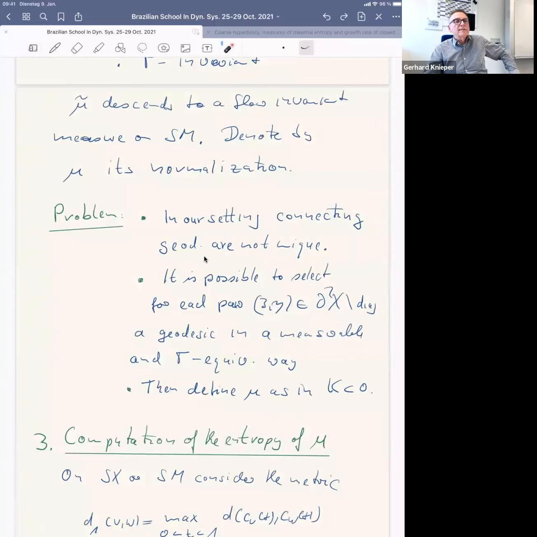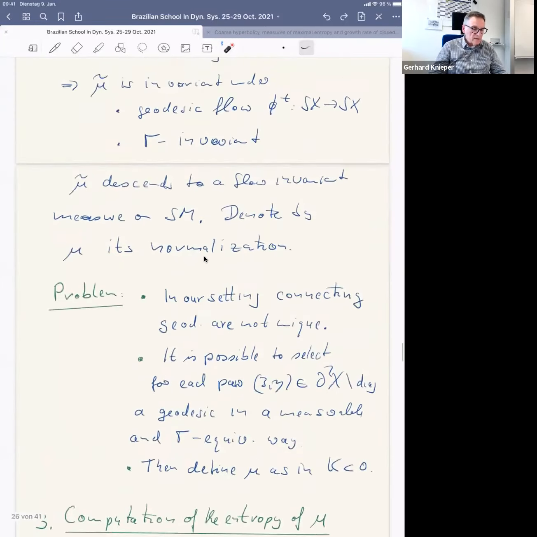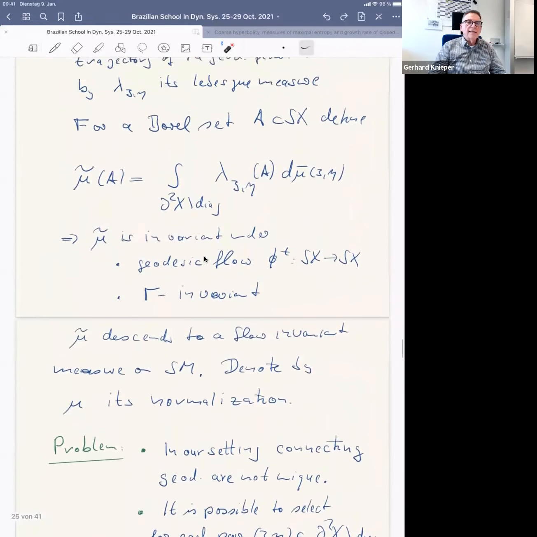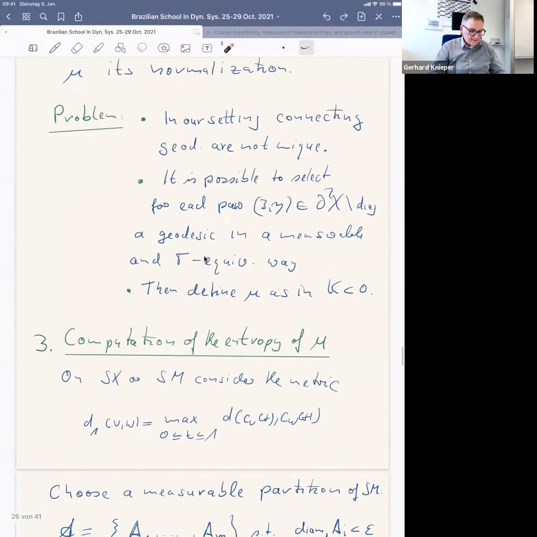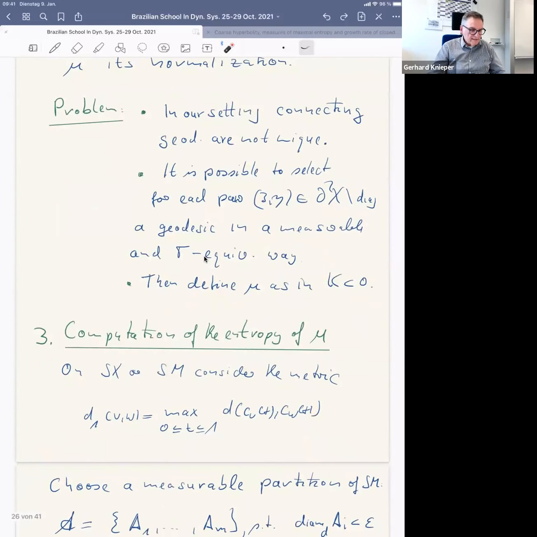You have to check this. This point we had to overcome, but it's possible to do that. And once you have done the selection, you can basically construct the measure in the same way as in negative curvature. So you have to believe me that this is possible. It's a kind of abstract argument, but it's possible to do this.